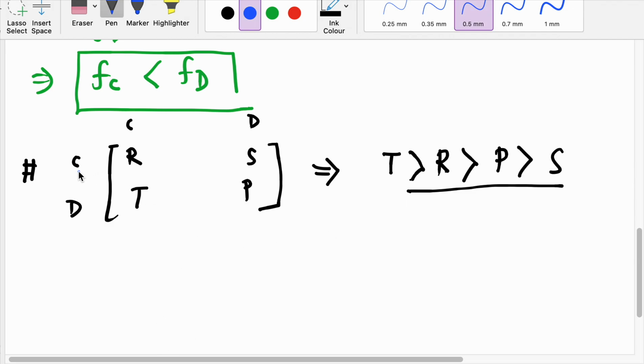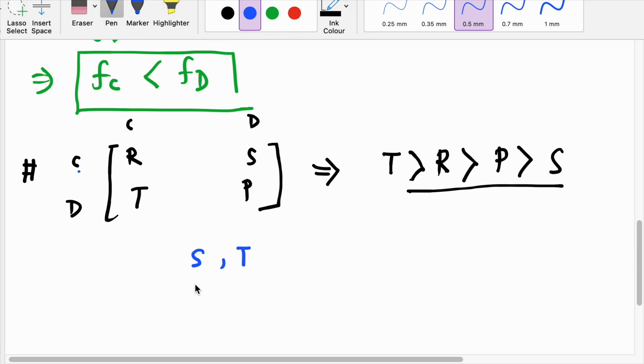If I cooperate in this round, I will get S, and my friend who defects in this round will get T.